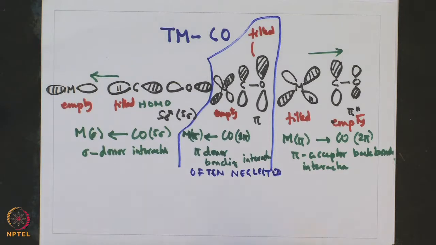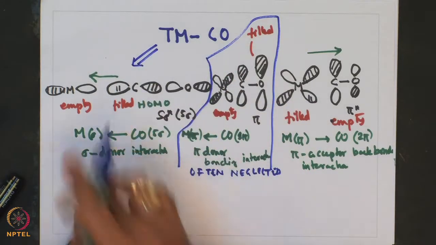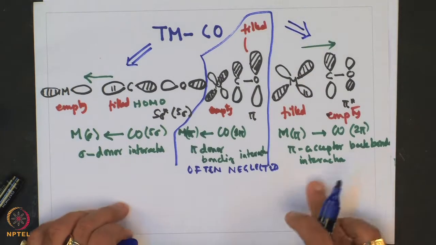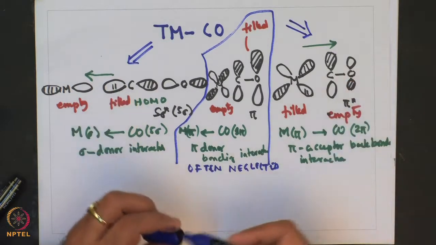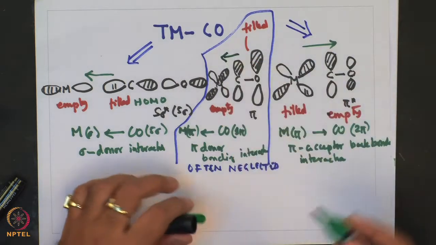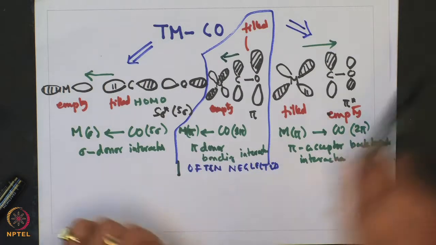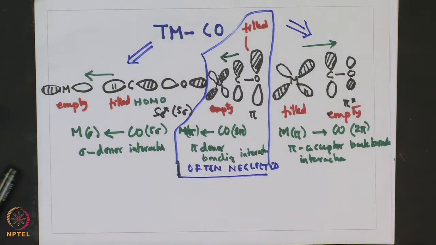Mainly when people talk about metal CO interaction, they talk about two interactions. One is this CO to metal sigma interaction, and the other is the metal to CO pi back interaction. These two interactions are often spoken about, and this interaction of CO filled to metal pi vacant is often neglected, but nonetheless this is an important interaction and is being discussed in this current topic.